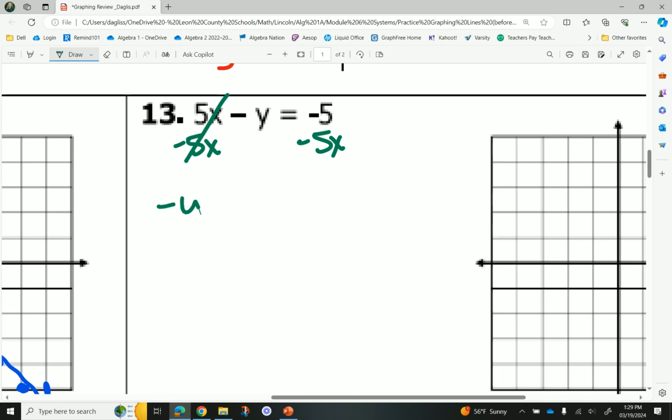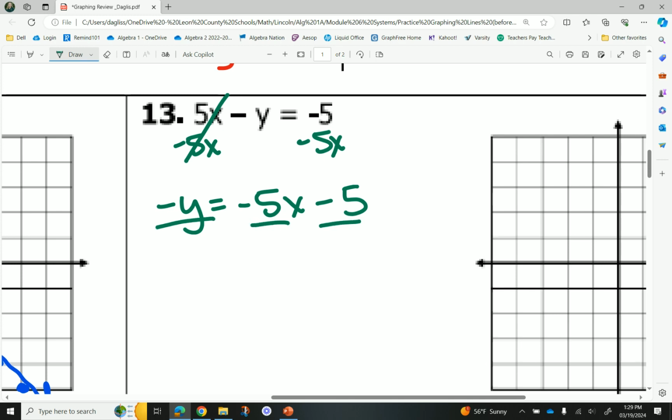So I have negative y. Negative 5x is now first. And the other minus 5 is still just there. Okay? Is y by itself? There's a negative. So how do we get rid of negatives?